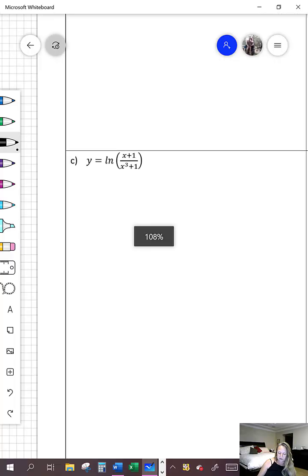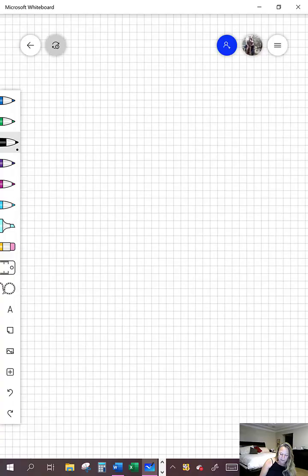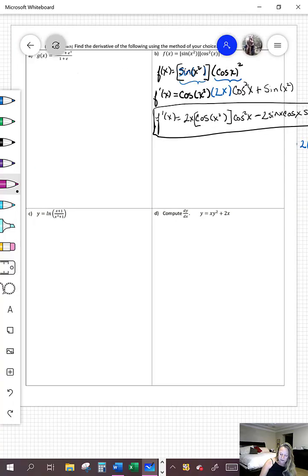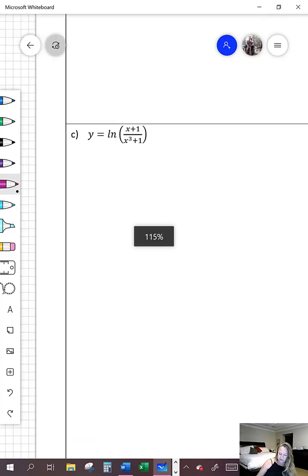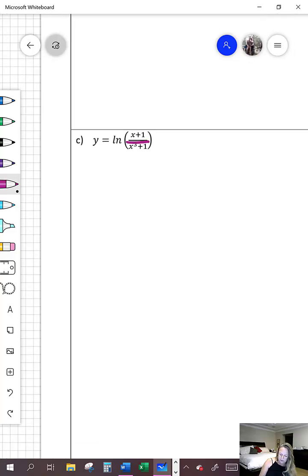Quotient means that we want to rewrite that as a minus in between. And so this is the same thing. We could rewrite this as the natural log of our numerator, which is x plus 1, minus the natural log by rules of logs of x cubed plus 1.